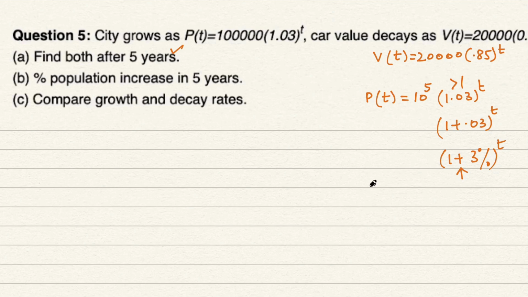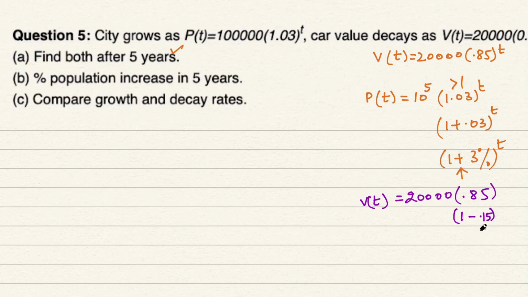Now when it is about car value, it's decimal 85. But if you see the formula, you see 1 minus some number, then you reach here. So what is that 1 minus some number? That is 1, 5, right?